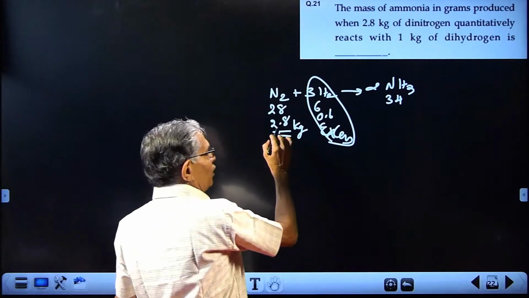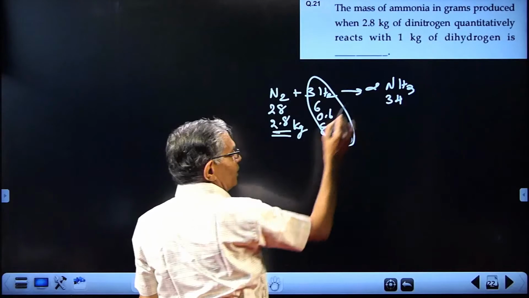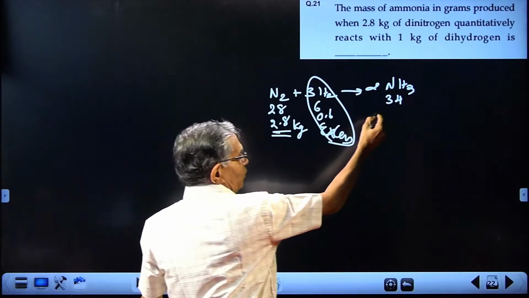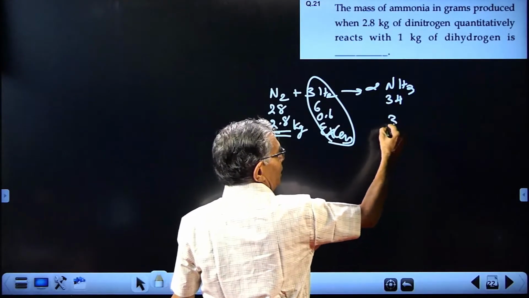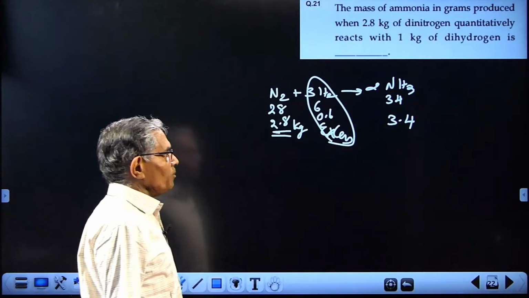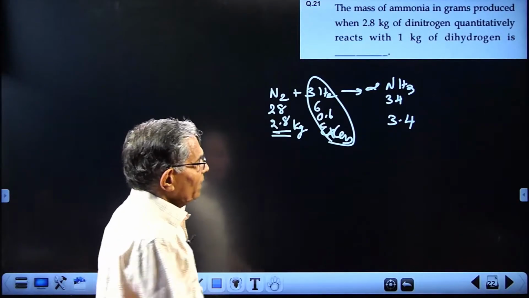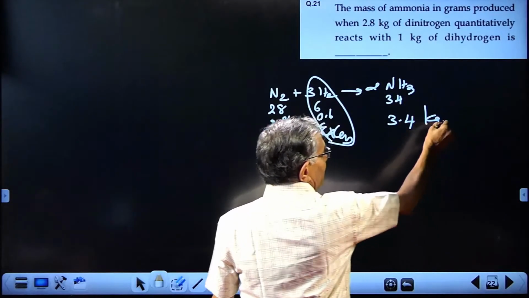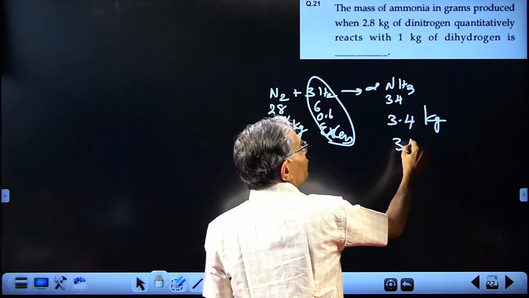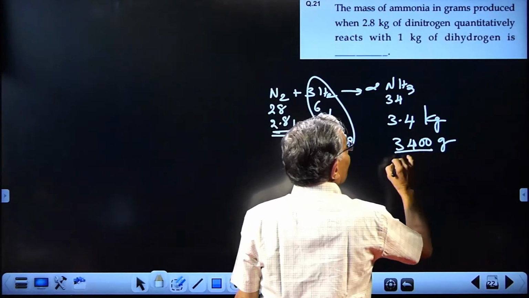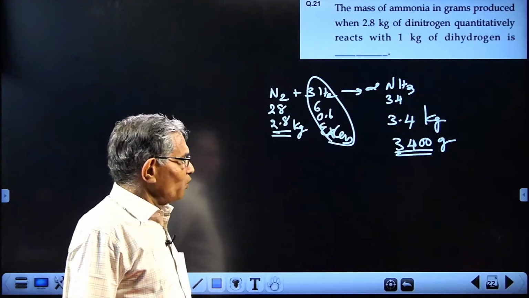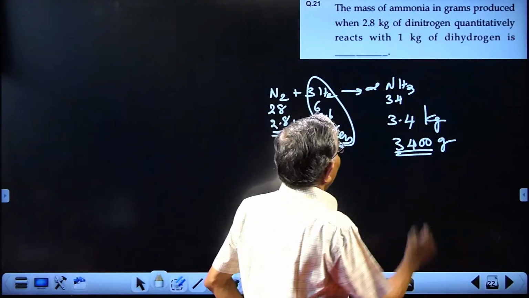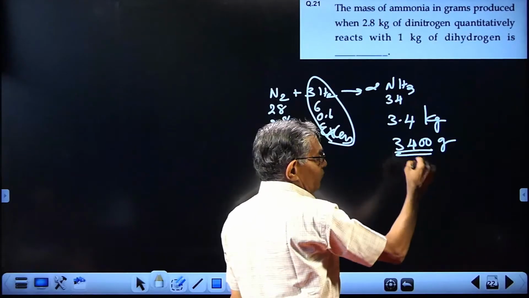Then proceed. 28 can give 34 ammonia, 17 into 2 is 34. So 2.8 kilogram gives 3.4 kilogram ammonia. It is 3.4 kilogram, and that will definitely work out to 3400 gram. So the answer will be 3400 gram. This numerical value is 3400 gram.